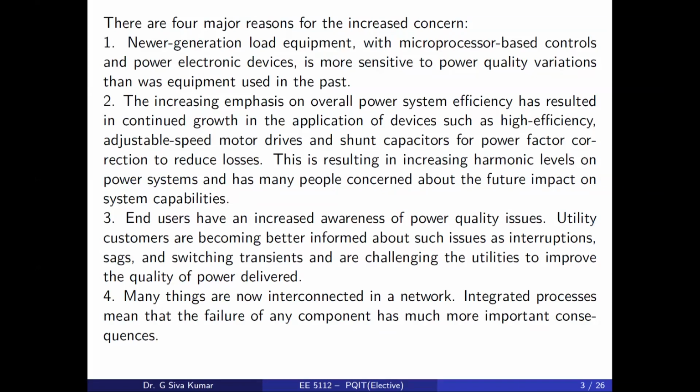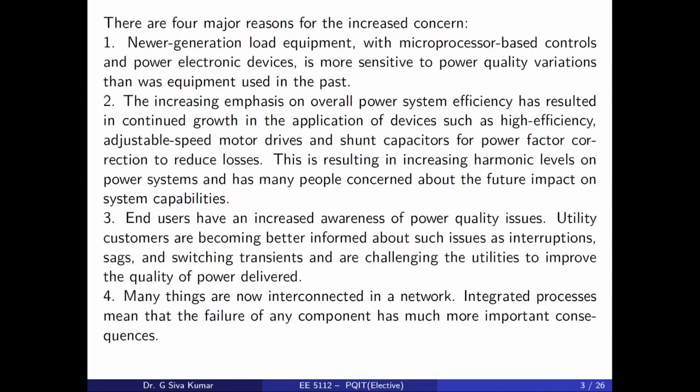But the reactive power is not at all a useful power in a system. That is producing more heat loss, more losses. That is impacting the overall power system efficiency also.